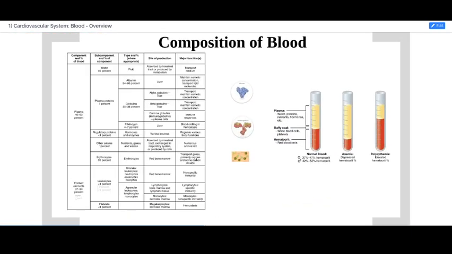Moving through the rest of the presentations for this chapter, we're going to move on to looking at the composition of the blood, the major components that make it up, and look at some specific molecules we find in the plasma. And then we're going to look at the clinical test to separate the components of blood out, which is called the hematocrit.